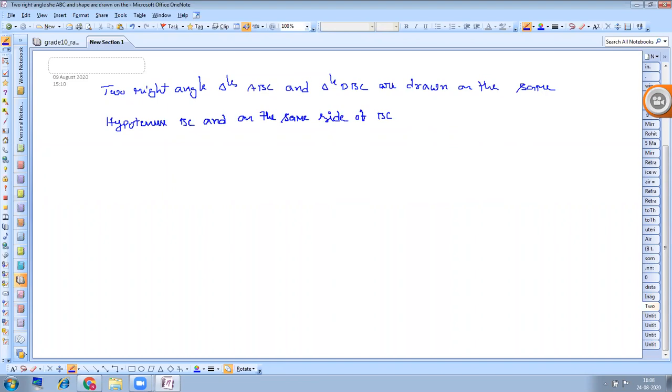If AC and BD intersect at point P, prove that AP into PC is equal to BP into PD.